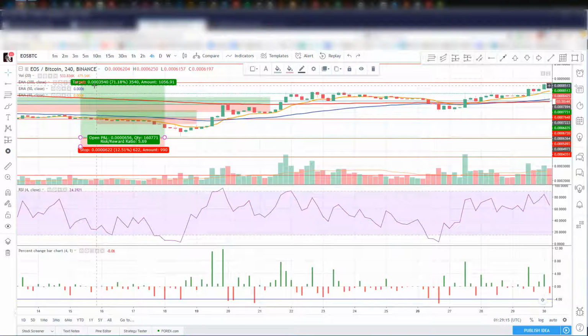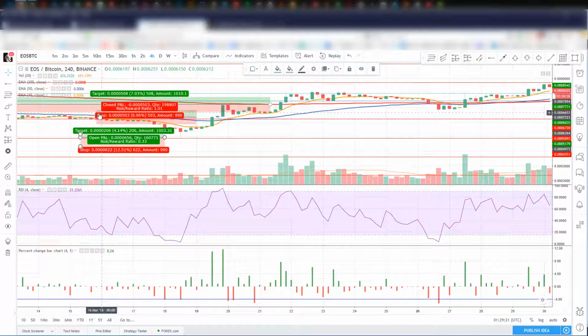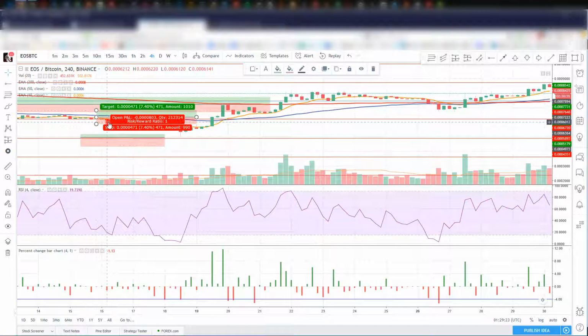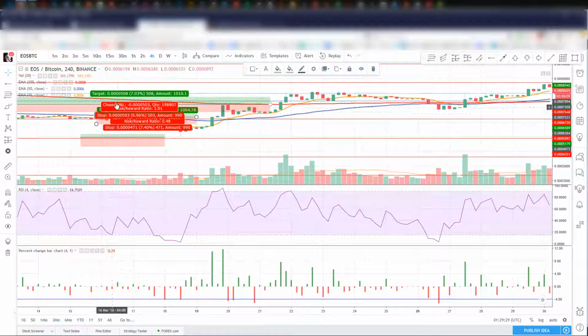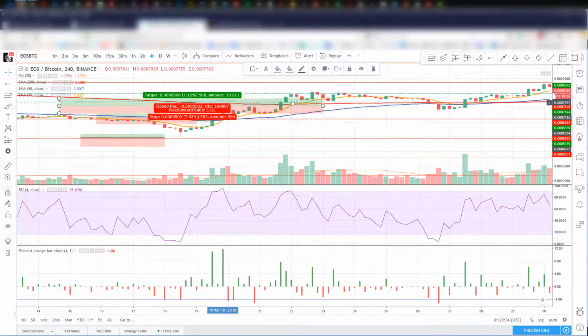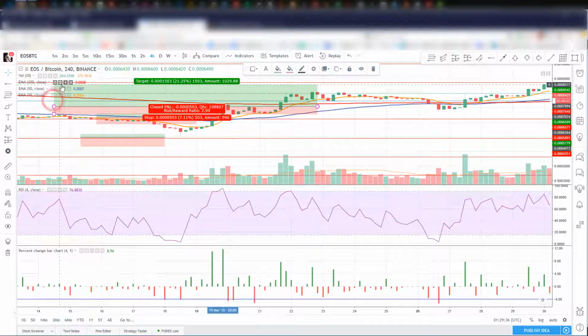That's a really good range. So that's good on our first position. On our second position, we're up 36%. And on this position, let's just say it was around here, we're up 21%.